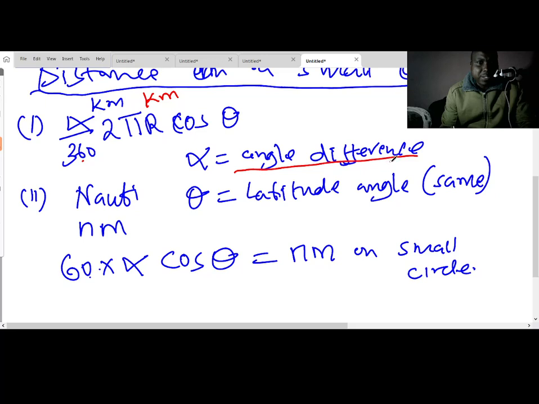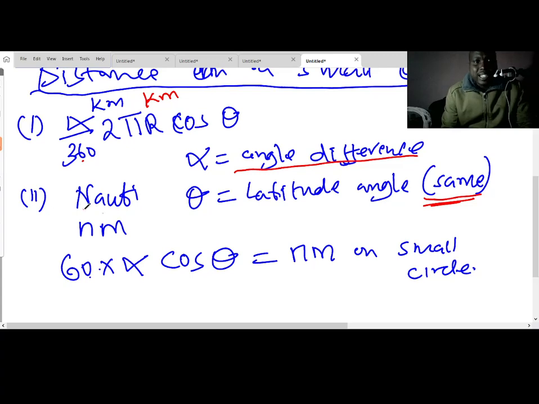And theta is the latitude angle. Because it is along the small circle, the latitude is going to be the same: 50 and 50 north, 30 and 30 south. It is the same, and the longitude is what changes. Therefore, the latitude that is the same is what we call theta in this case.